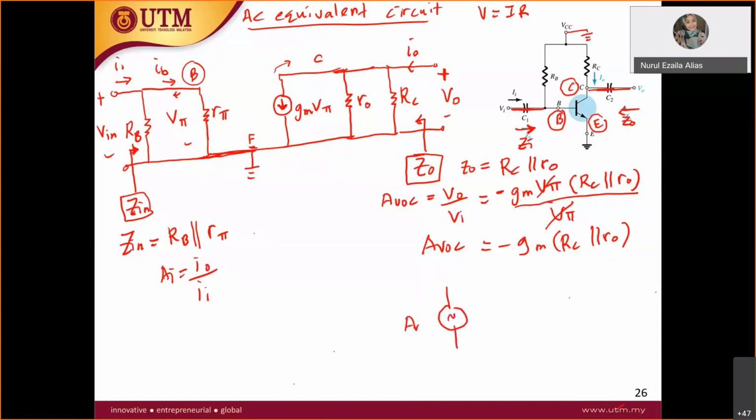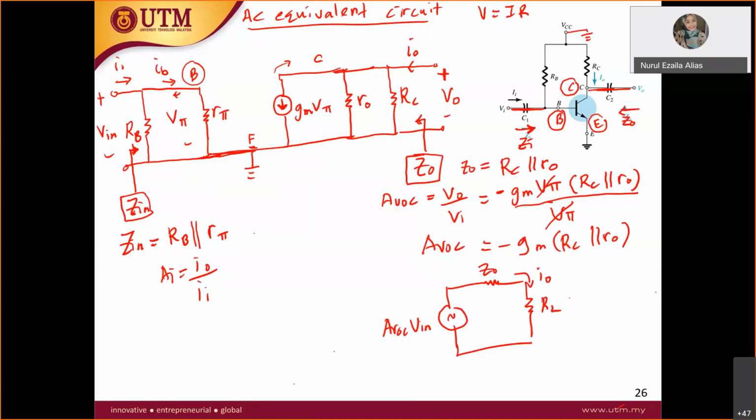So this is AVOC V in, this is the Z out, and this is your RL. The current going out through RL is I out.